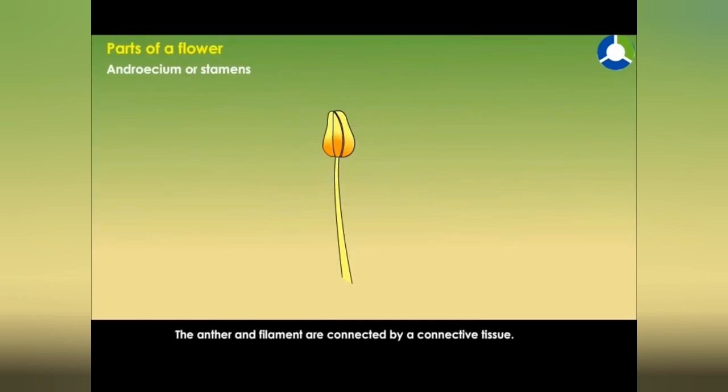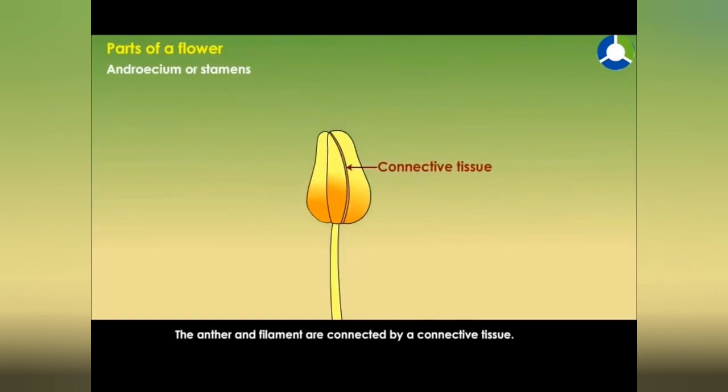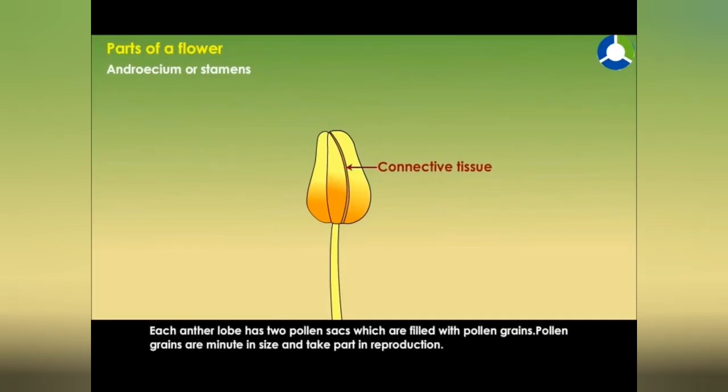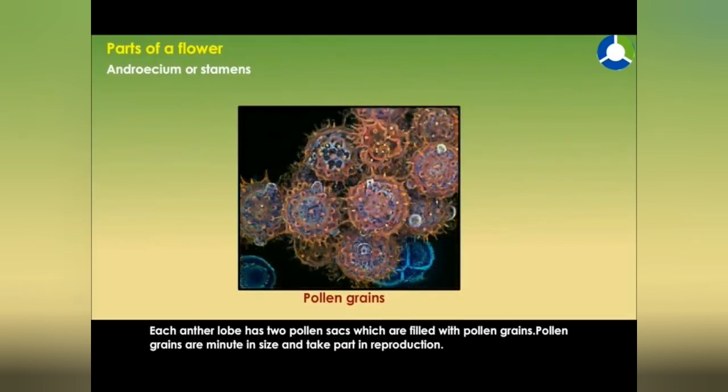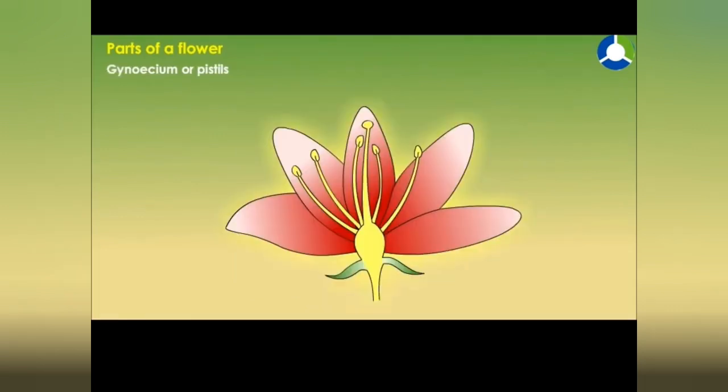The anther and filament are connected by a connective tissue. Each anther lobe has 2 pollen sacs which are filled with pollen grains. Pollen grains are minute in size and take part in reproduction.